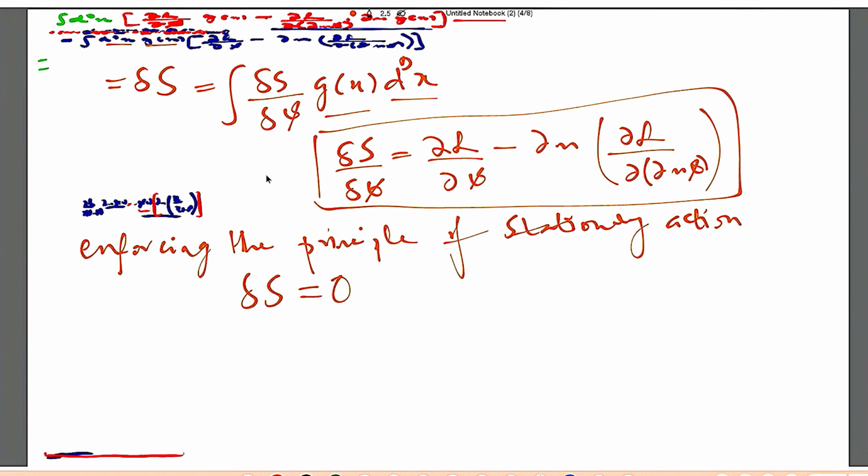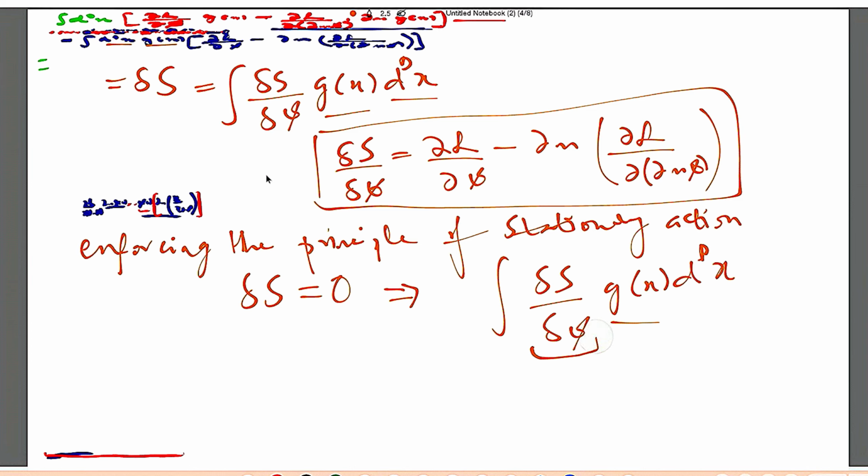If the variation in action is equal to 0, it means that this integral should also be equal to 0. And we know that g of x is an arbitrary test field, so it couldn't be 0. We cannot specify it because it's arbitrary. Hence, this quantity should equal 0.